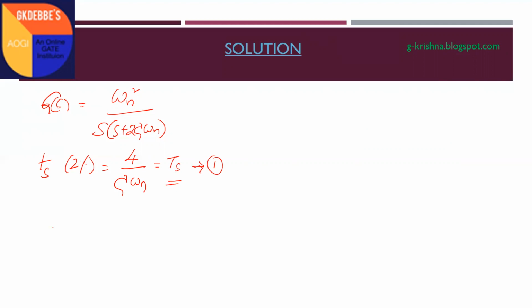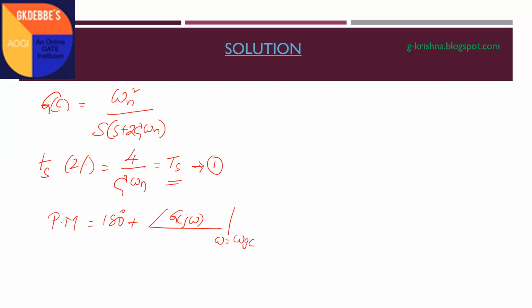Now, what is the mathematical formula to find the phase margin? The phase margin is defined as 180 degrees plus the phase angle of the open loop transfer function at the gain crossover frequency omega gc. In the question, phase margin is calculated at the omega 1 frequency.